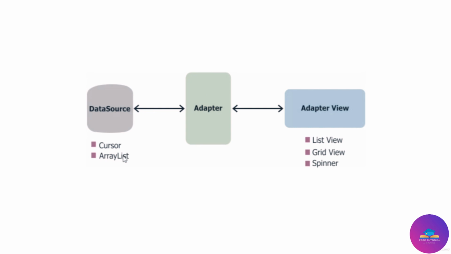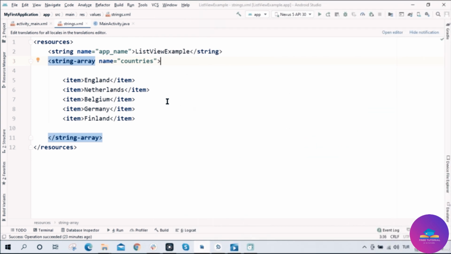So we will call the adapter, and what it does is make a connection between a data set and a view. In this example, the data set is the array list and the view is the spinner. Then we need to create an adapter between the array list and spinner.